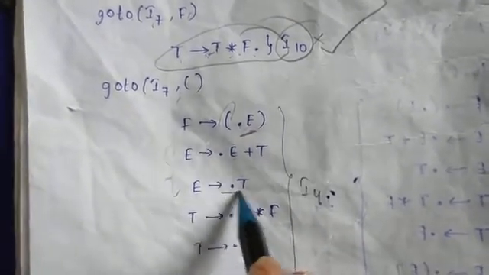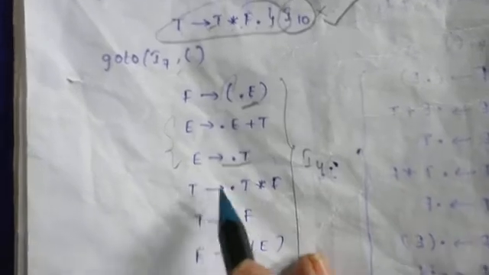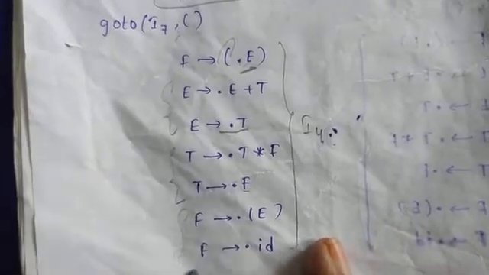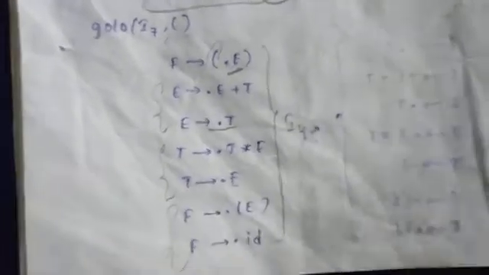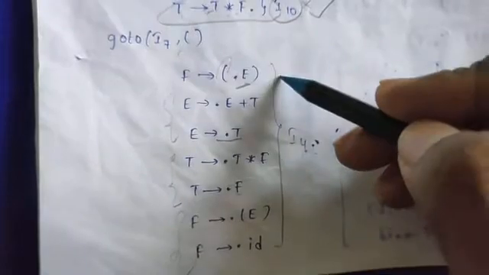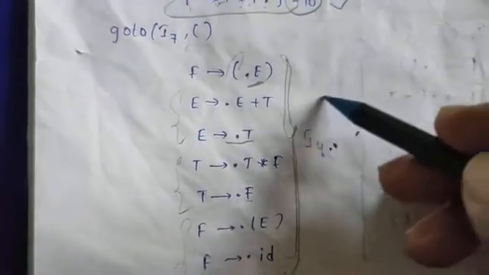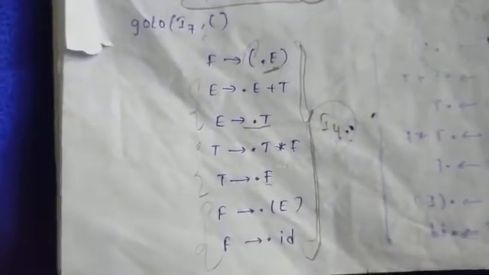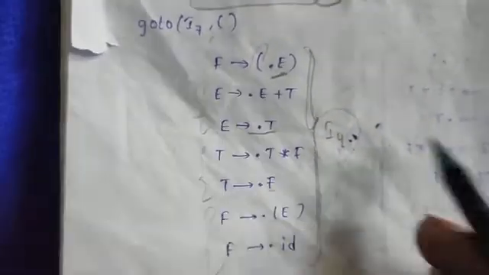Again after the dot we have T, then we place T productions. Again after the dot F is there, so again place F related productions. Finally all these things can be converted into one single state. Before numbering that one we'll check with the already existing states I0, I1, I2, I3, again I4. It finally matches with I4. For that reason it should be named as the I4 state.